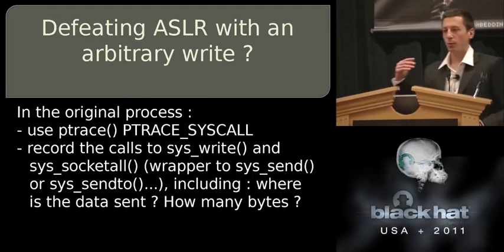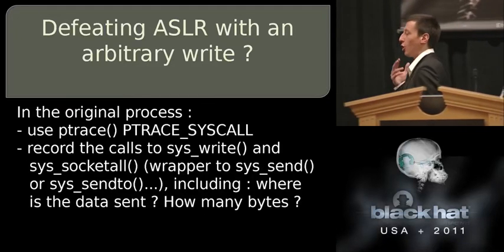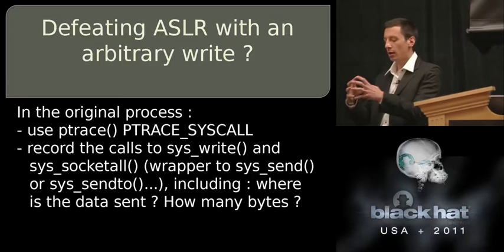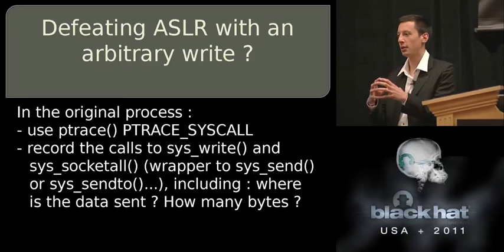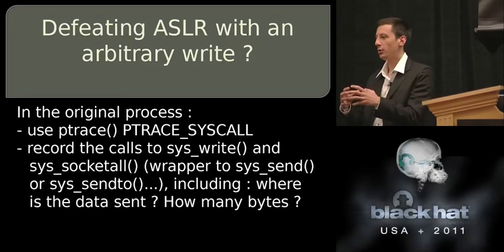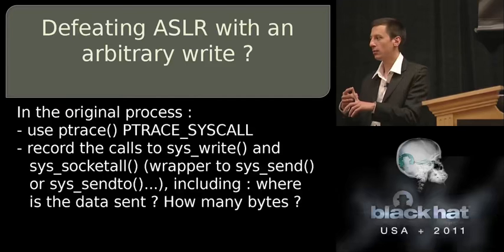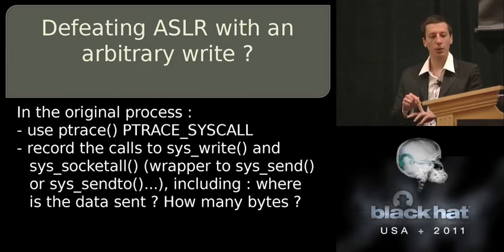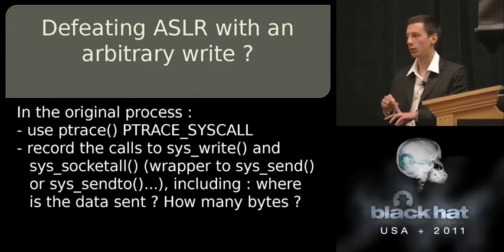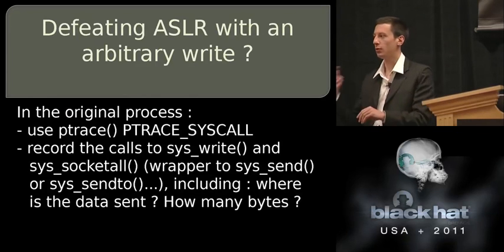So if I'm a process and I want to send information back to the attacker, either I'm going to use system calls like write, to write to files, or I'm going to use what used to be syssend or send2, to write over a socket.